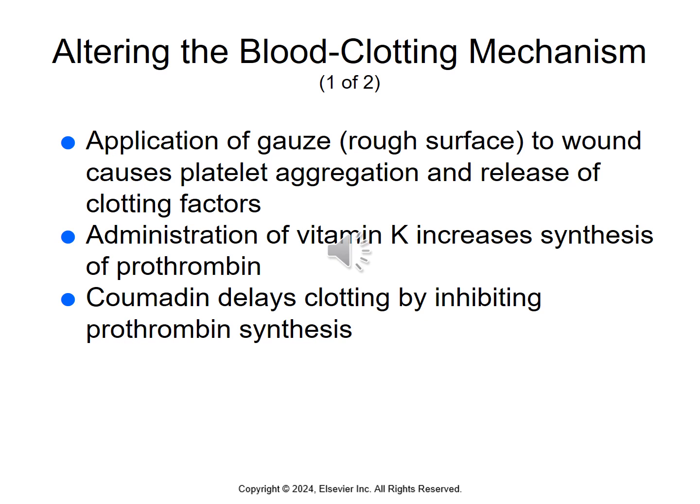So Coumadin is an anticoagulant, preventing clots by inhibiting prothrombin synthesis. However, the antidote for Coumadin is vitamin K. You may need this for med-surg or pharm next semester. So administration of vitamin K increases the synthesis of prothrombin.